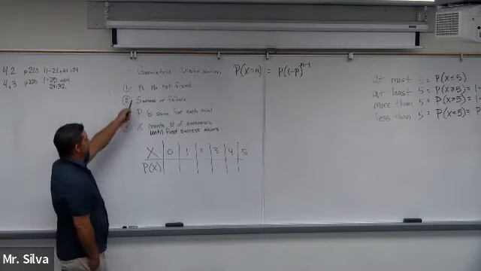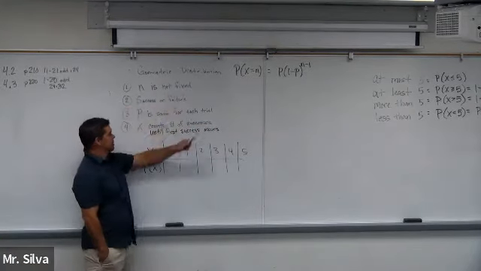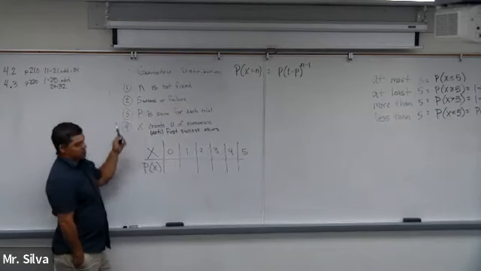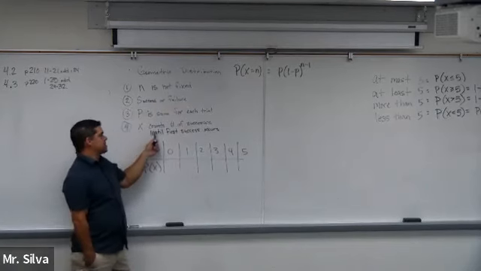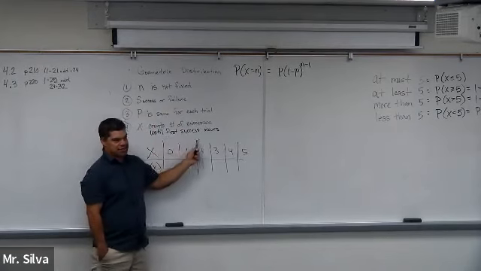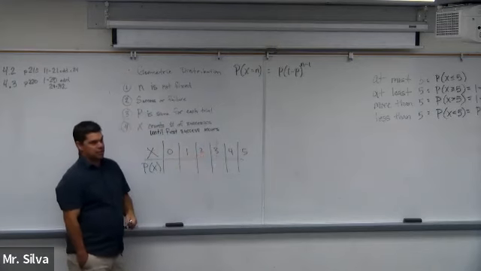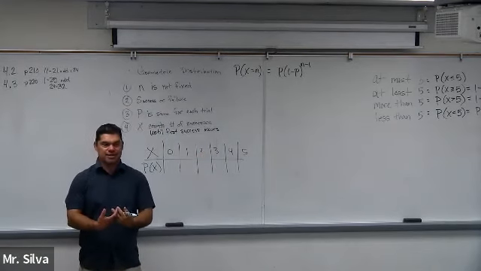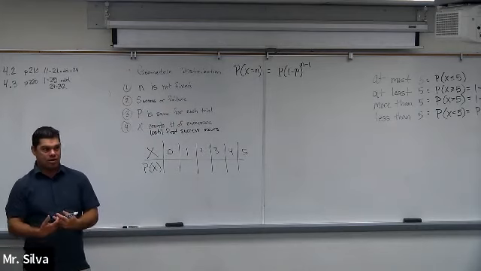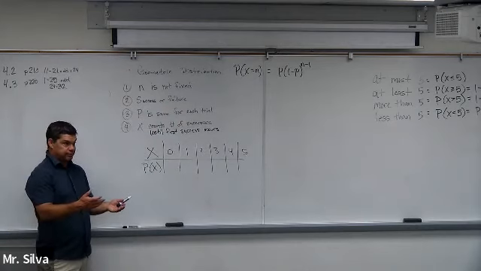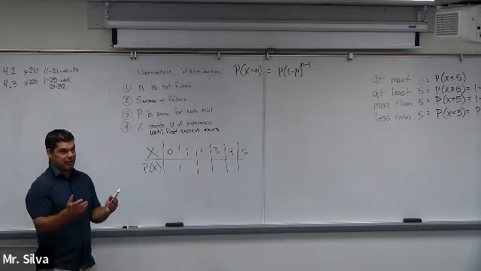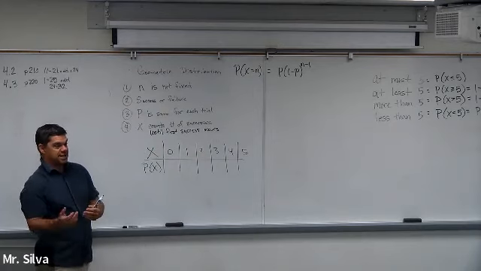This is when n is not fixed. What's the difference? X counts the number of trials until the first success occurs. So we're going to do something until we succeed, or fail. We can consider a failure when our first success occurs.